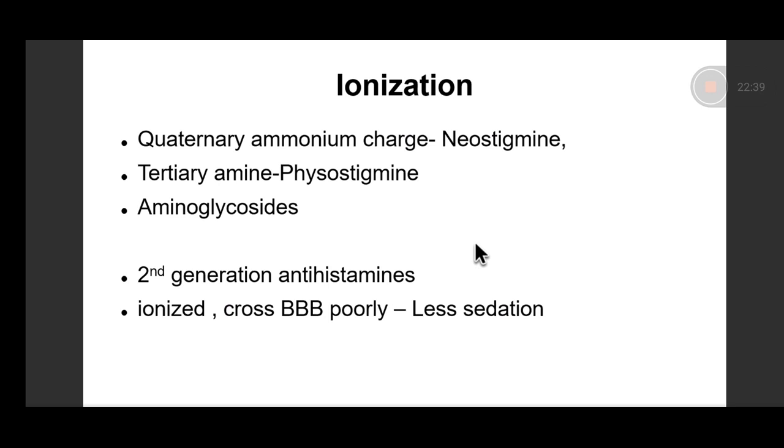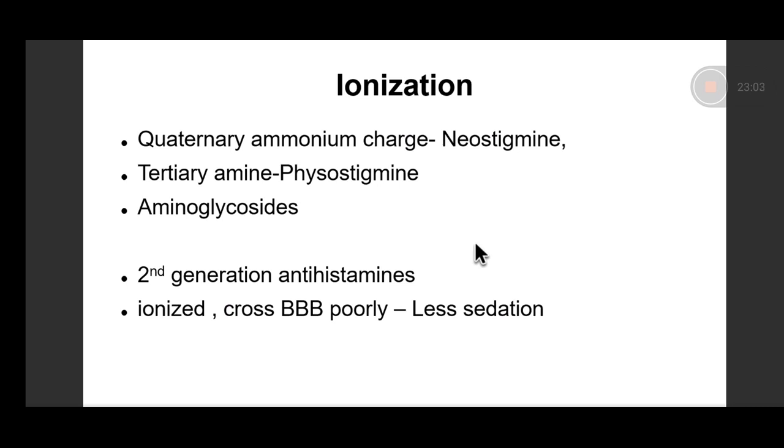Okay, again, now going on to how further ionization affects movement of drugs across biological membranes. Drugs which are ionized are polar, they are lipid insoluble. So strongly ionic drugs exist as ions. They will not move freely across membranes.